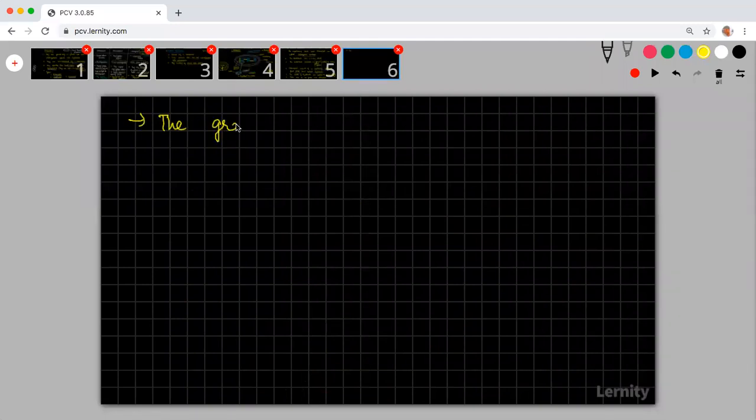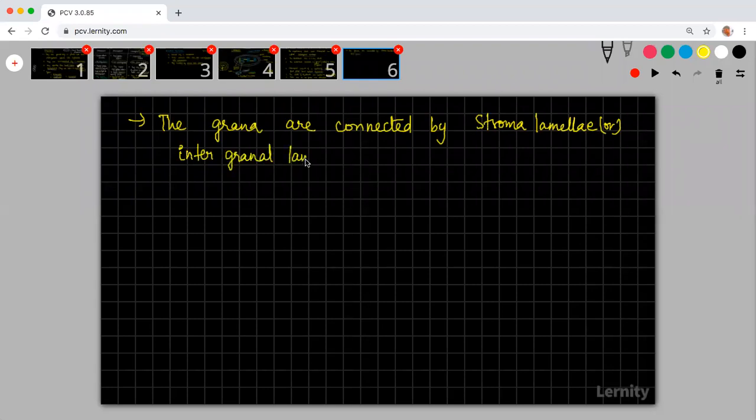The grana are connected by stroma lamellae or intergranal lamellae.